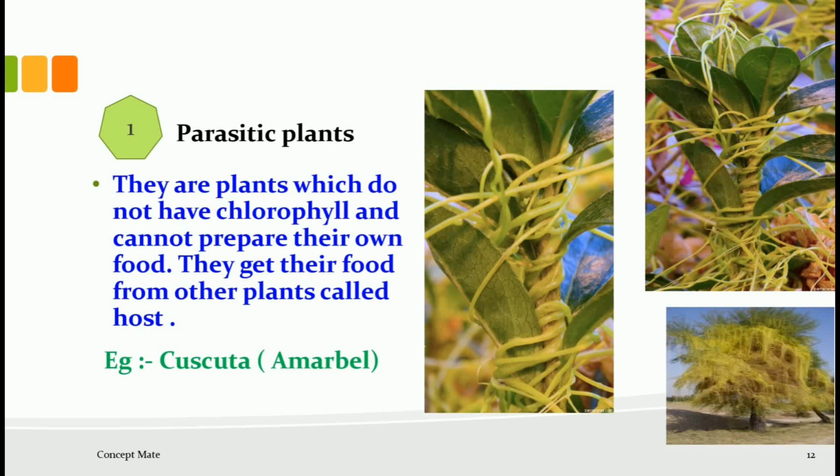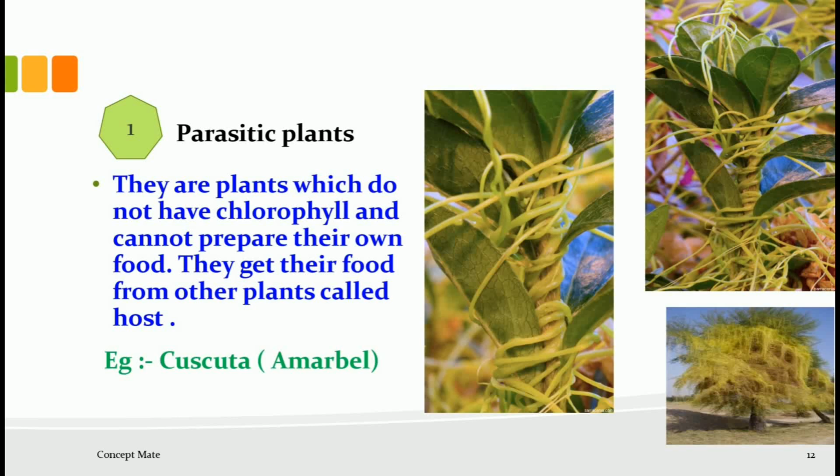If you look at the slide, there are pictures of the plant Cuscuta. They are thin, wiry, yellow-colored plants which feed off the host plant and deprive the host of nutrients. Due to this attribute, they are known as parasitic plants.